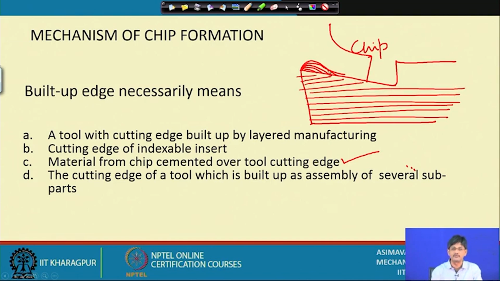Even if you build up tools with layered manufacturing technology, some work has been done in this direction definitely, especially hollow tools in which you can preferentially leave hollow spaces inside either for lubrication or for some other purpose, maybe for damping. So, those are not being meant here. Cutting edge with indexable insert, no, it is not called a built up edge, or a tool which is built up with sub assemblies, the cutting edge of that particular tool, no. So, C is correct.